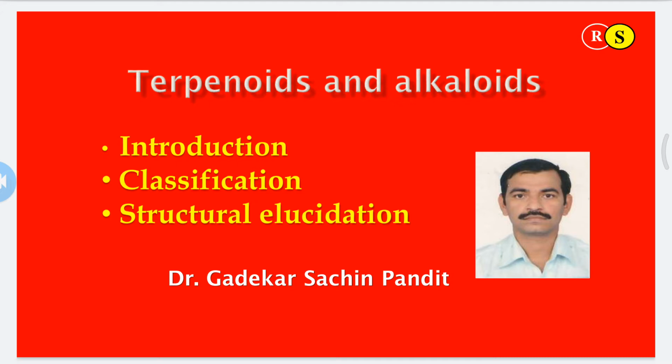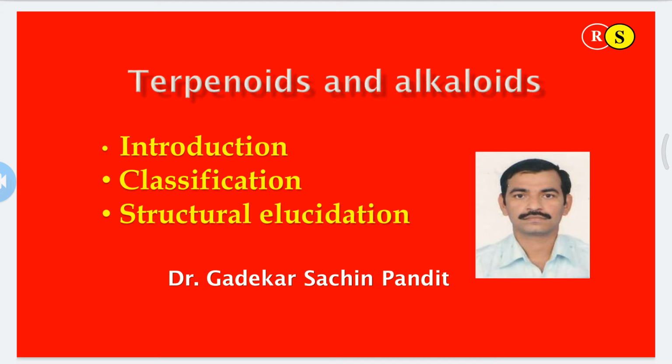Suppose the IR absorption is at 1750 cm inverse, it means it is due to the presence of a carbonyl group, maybe an aldehyde group or a ketonic group. Similarly, other absorptions suggest other functional groups.